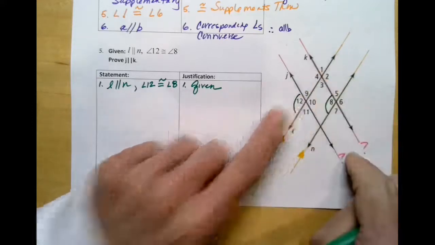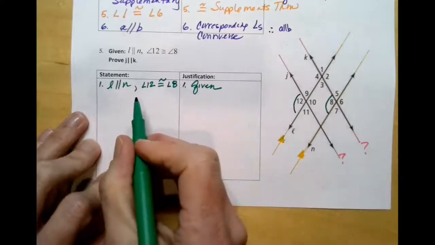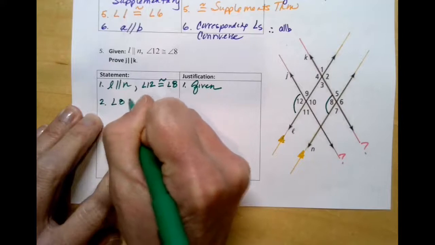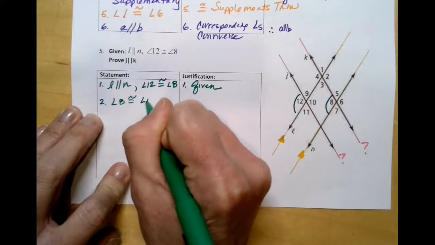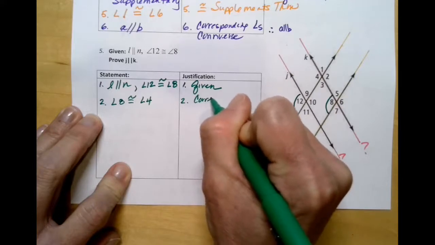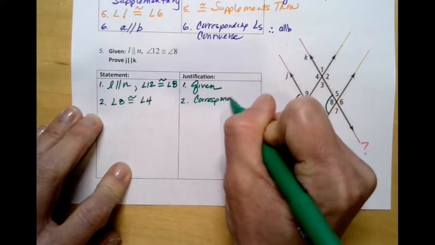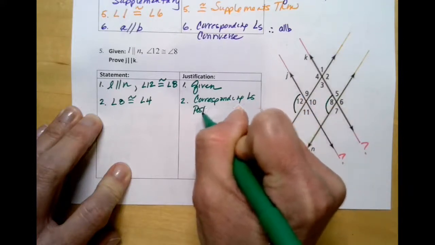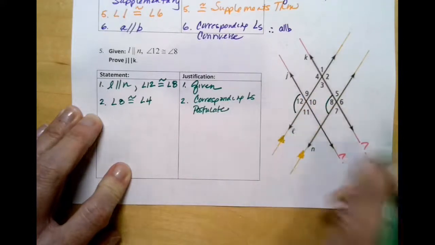I'm going to stick with my corresponding. So I'm going to say that angle 8 is congruent to angle 4, and that is my corresponding angles postulate. That's the one that we got first.